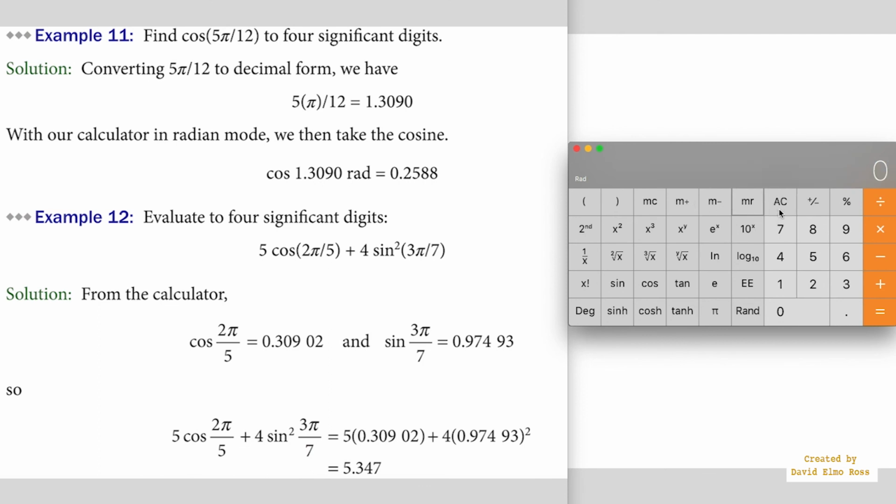Then we're going to clear, and then we're going to say 3 times pi equals, divided by 7 equals, sine of that is this, squared, times 4 equals, memory plus, memory recall, and we get that it's 5.347 as is shown here.